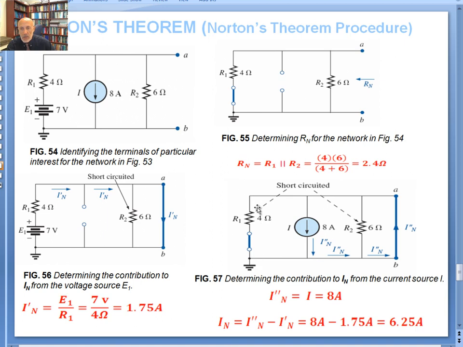It's not going to split up because you have a short circuit here, which is the same as here. So if I take R1 and put it on this side, that one is also short circuited. So all that 8 amps is going to keep going on that loop. So I double prime is equal to 8. But those two are opposing each other, so the total would be the difference between those two. 8 minus 1.75 gives you 6.25 in the upward direction from B to A.